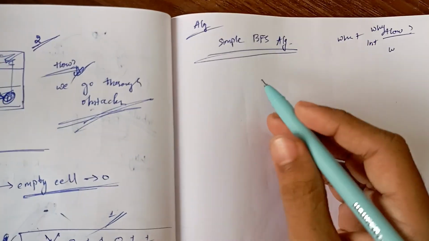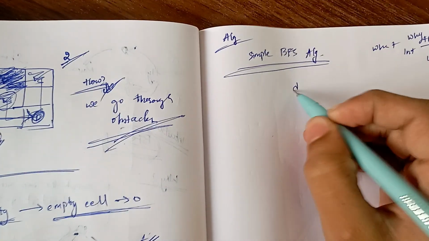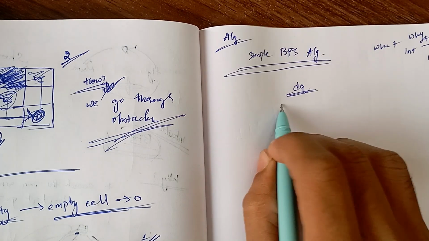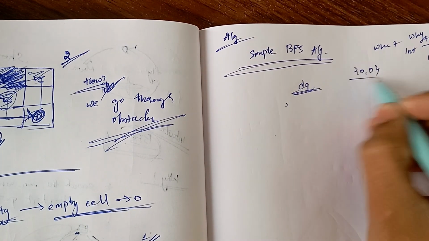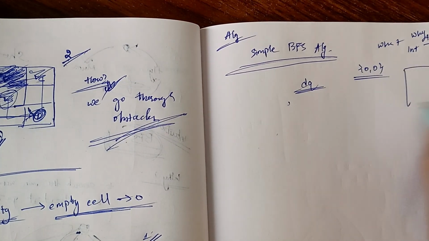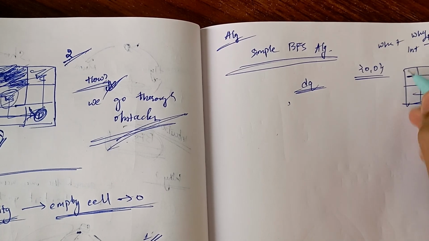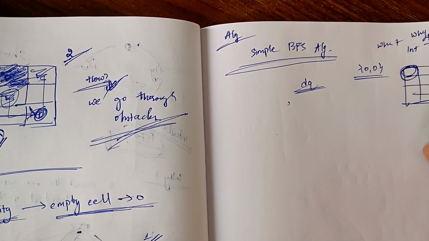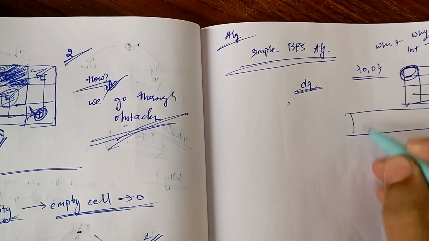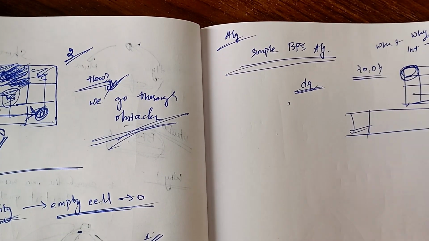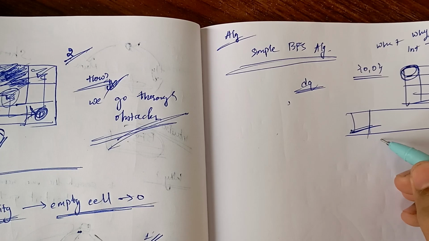So as I said, you will be using a DQ. Now into the DQ you will be having 0, 0. But why? 0, 0 is our first source, bro. That's why we will be using it in our DQ as our first element.